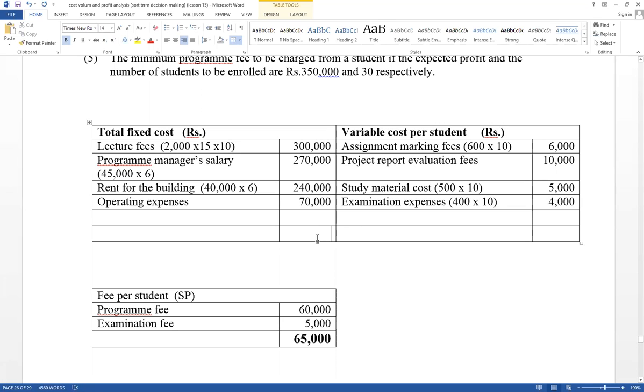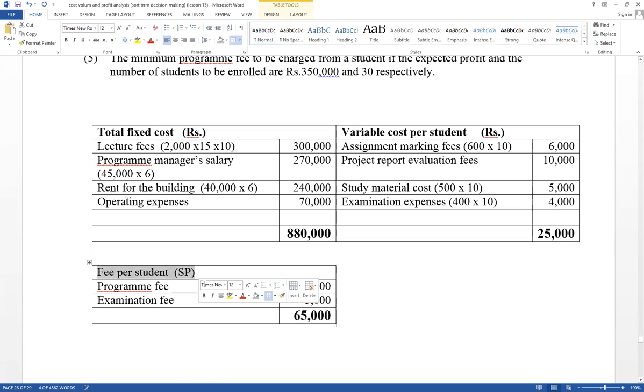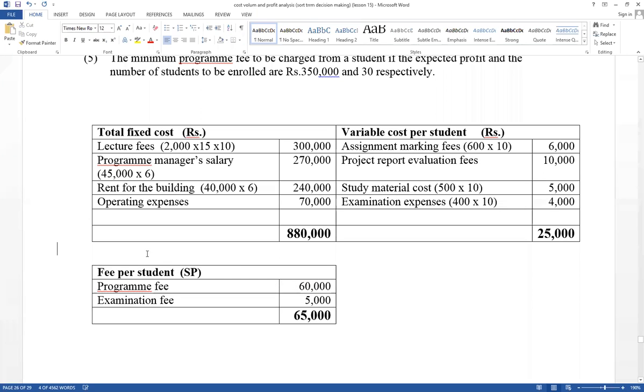Total fixed cost equals 880,000 and variable cost per unit totals 25,000. This is the variable cost per student, and the fee per student should be considered as the selling price.